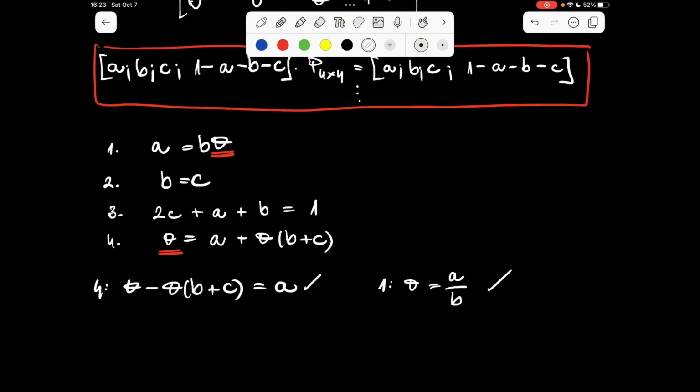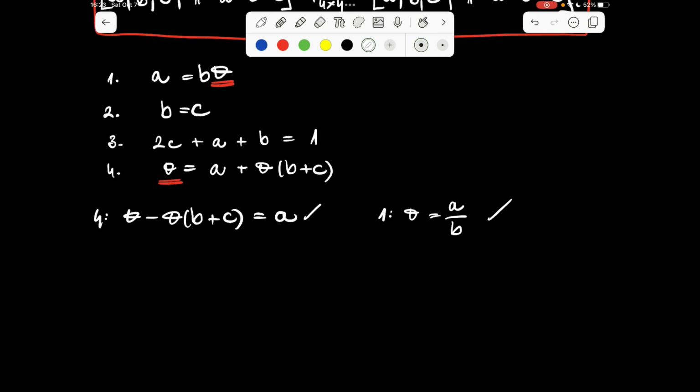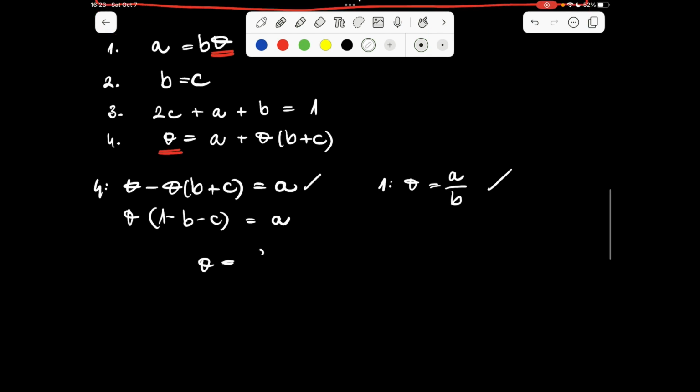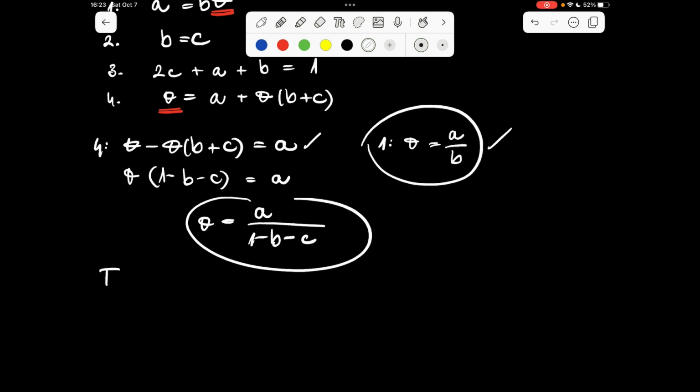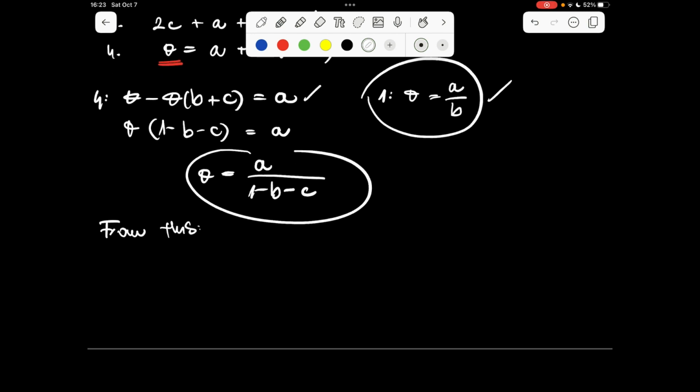So I think both are correct. And from the first equation, we can write the following. And from these two equations, it follows.